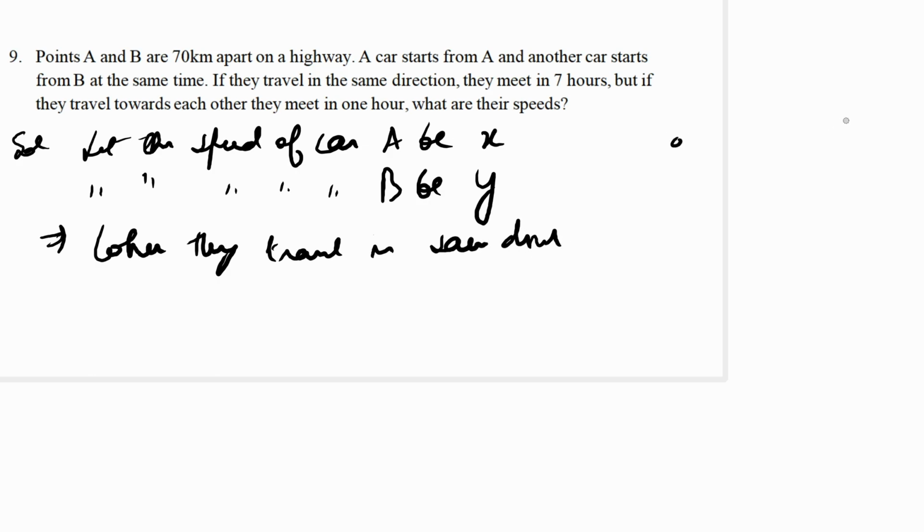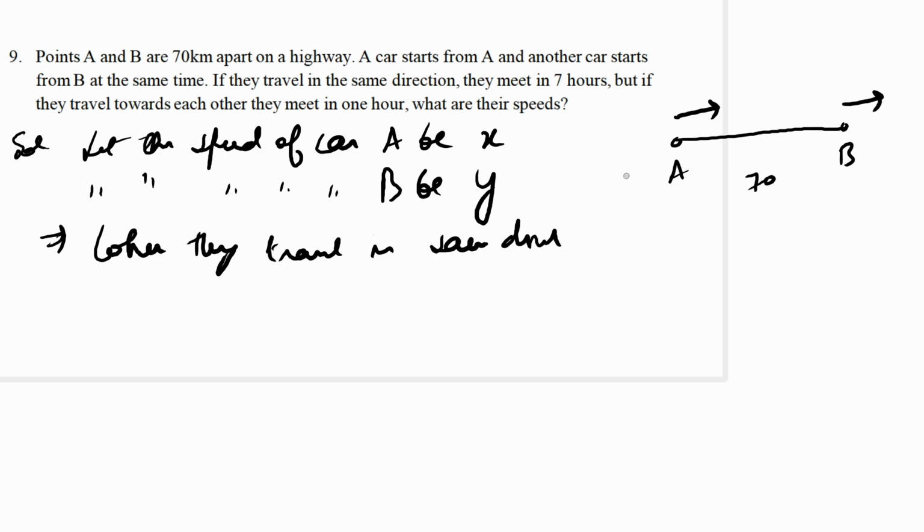See, this is A, this is B. The distance is 70. And the cars are both moving in the same direction. I am assuming that the speed of A is greater than the speed of B, because if B's speed is more, then A will never be able to catch it.